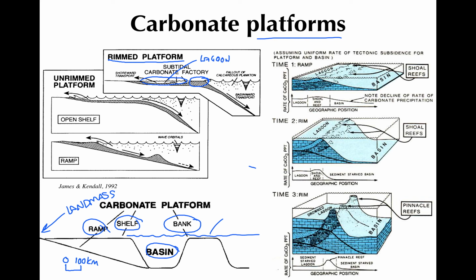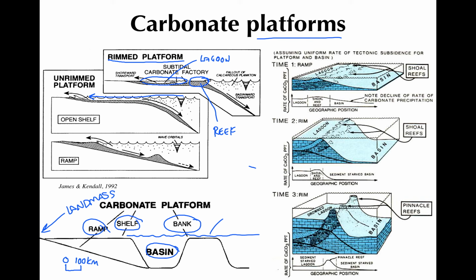That is behind the rim, and that rim again would usually take the form of a reef. In an unrimmed platform, those waves can continue to travel unimpeded all the way to the landward side of the platform.